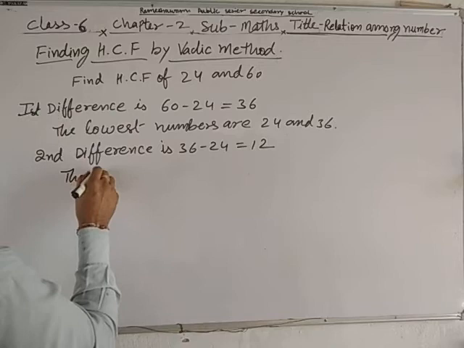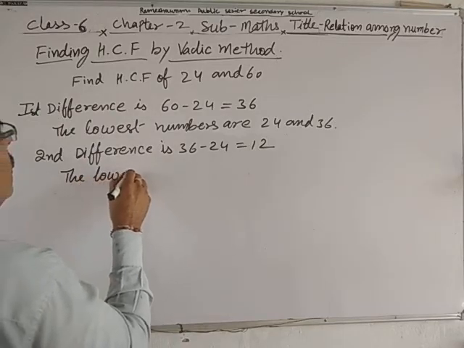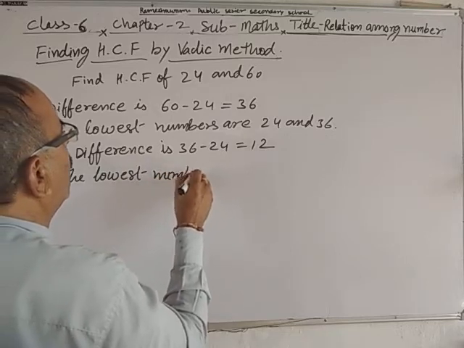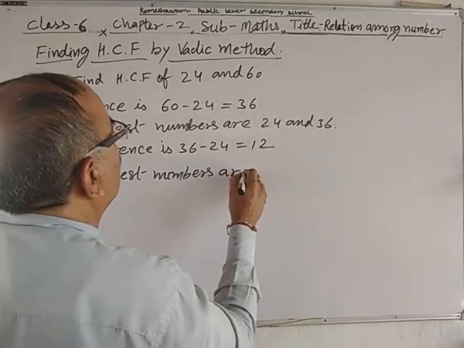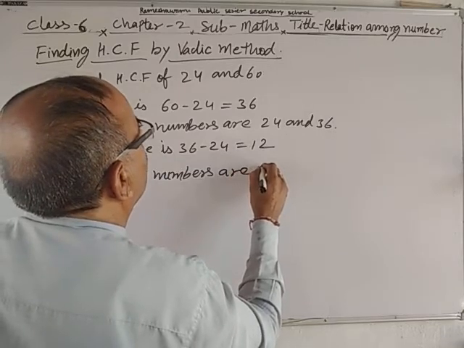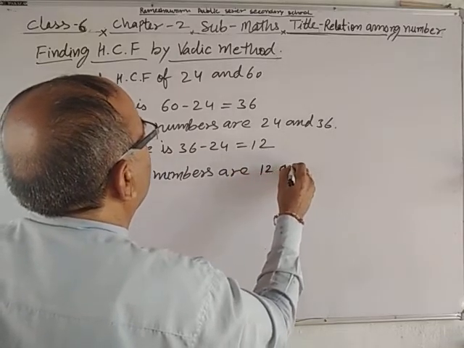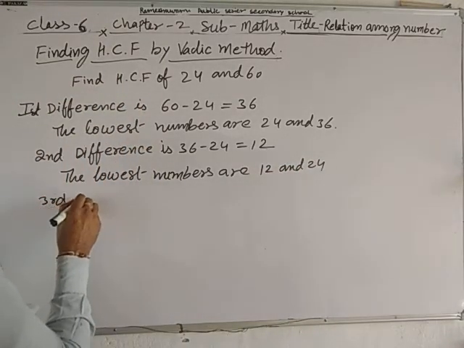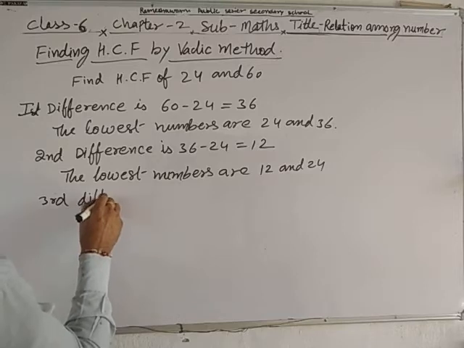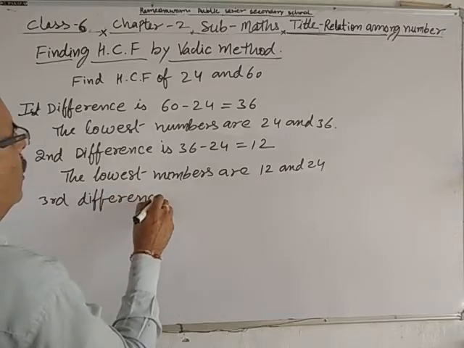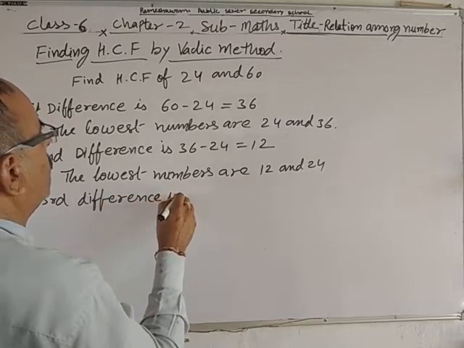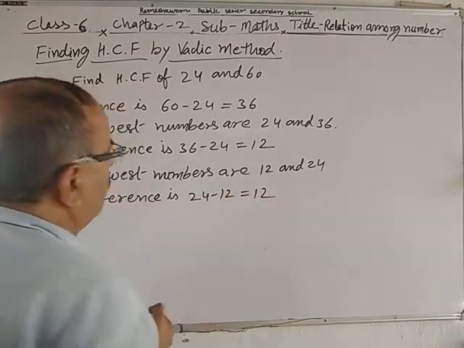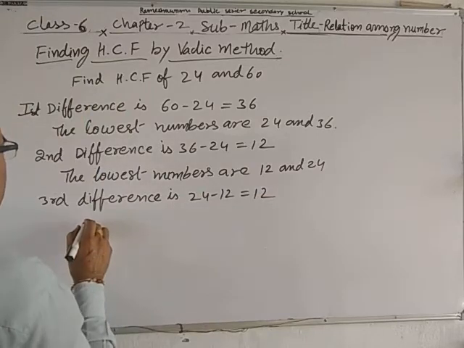The lowest numbers are 12 and 24. The third difference is 24 minus 12 equals 12.